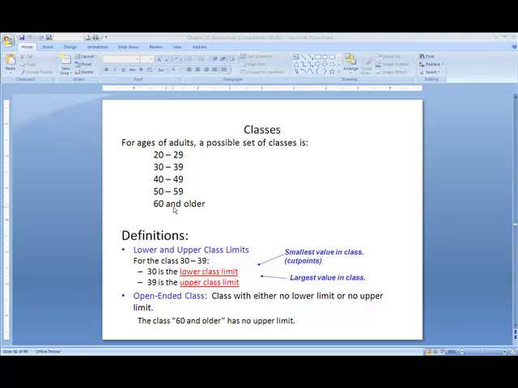I have this open-ended class. And I could also have an open-ended class for my very first class. And those classes, again, because there's such a large span but not enough people in them for it to be worth making other classes. So we have these open-ended classes.